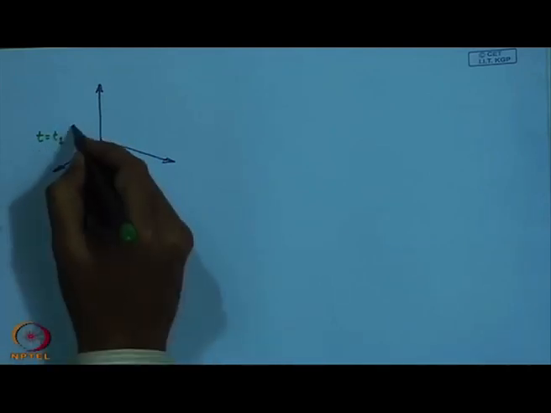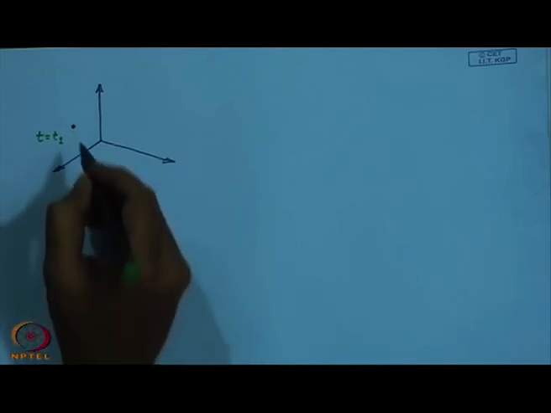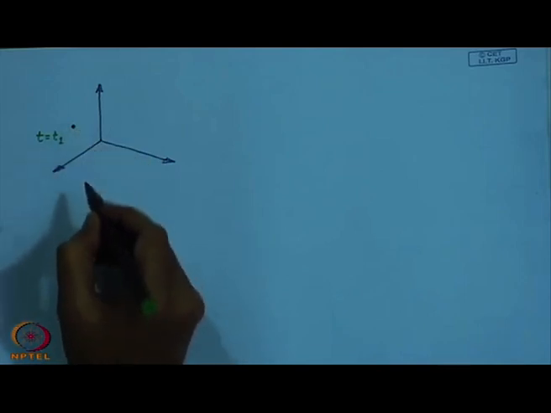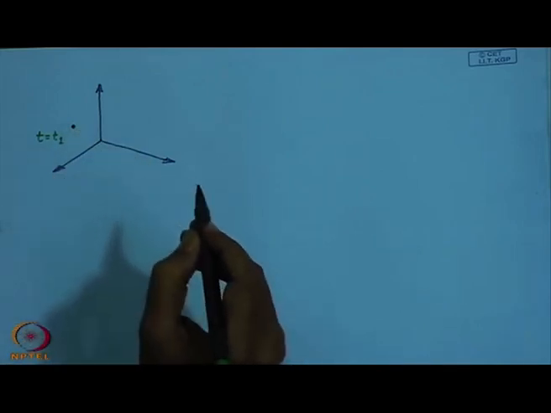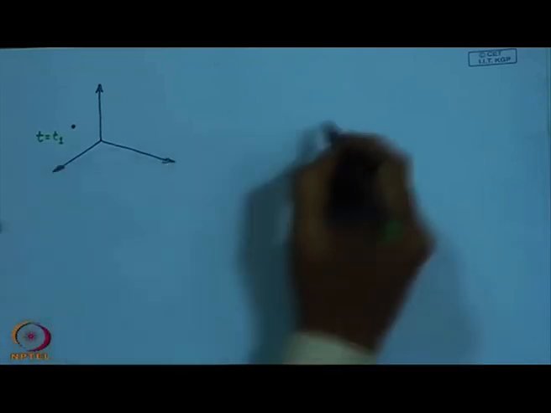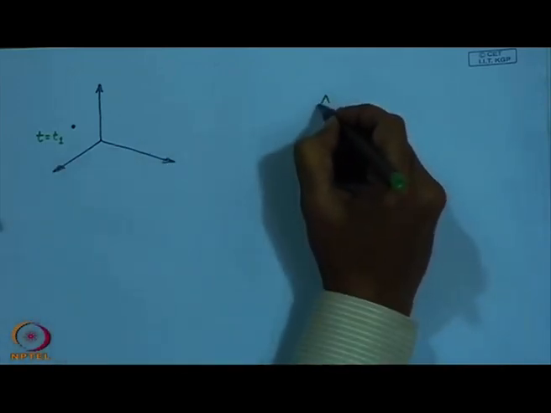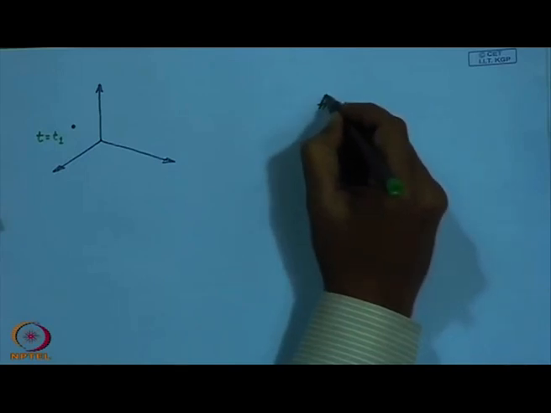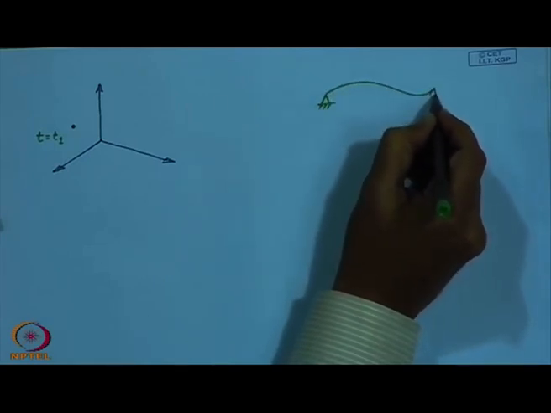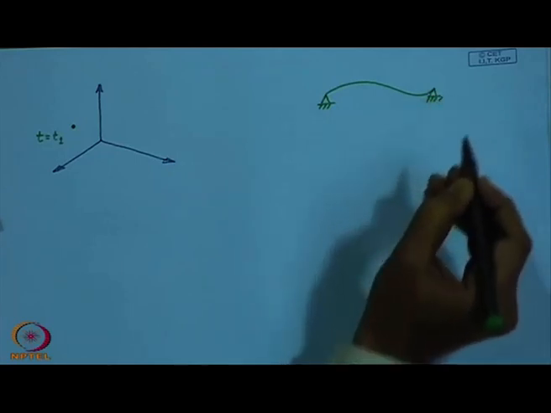So, this point in the infinite dimensional configuration space represents the configuration of the string at time t equal to t1, which may, for example, look like this.